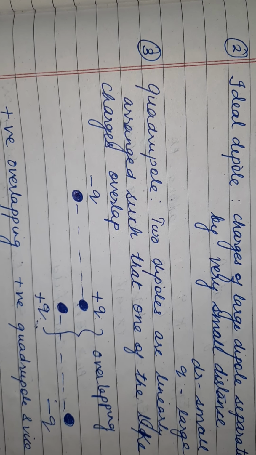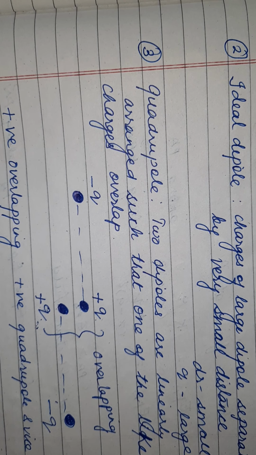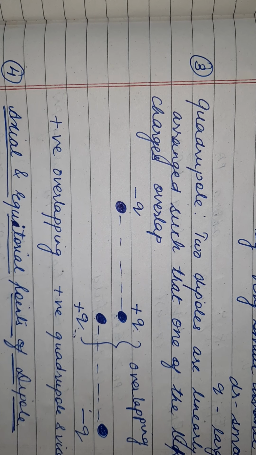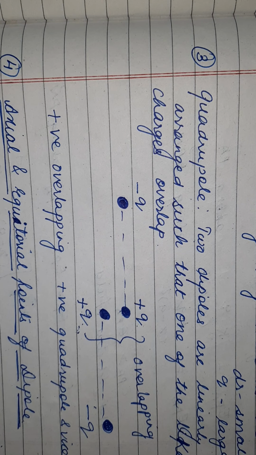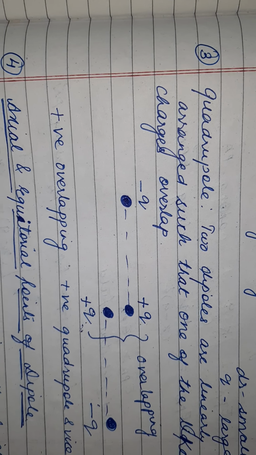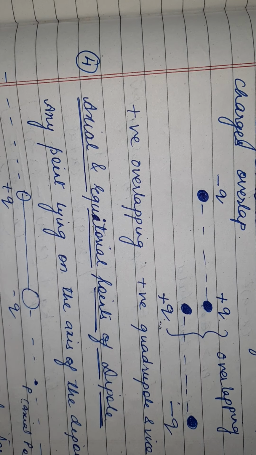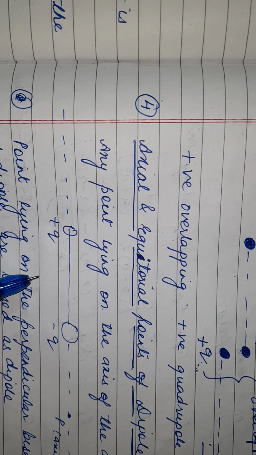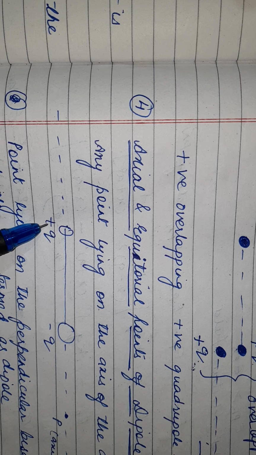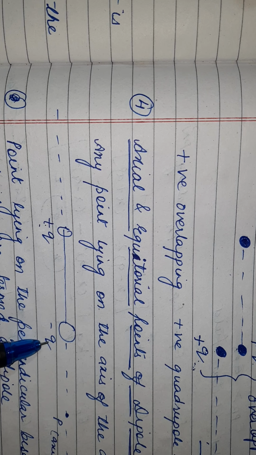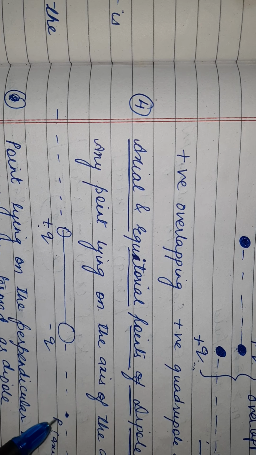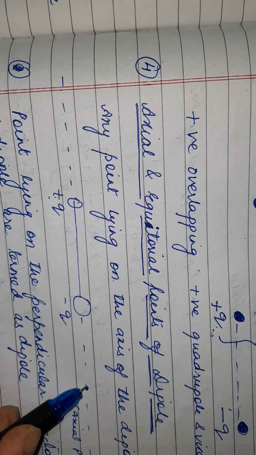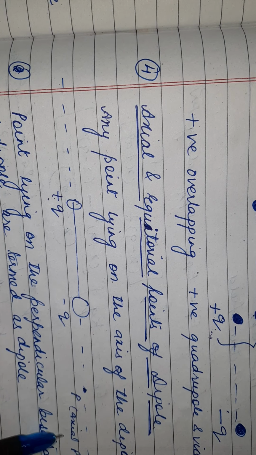Next are the axial points and equatorial points of a dipole. So what is an axial point? Any point lying on the axis of the dipole. Here you can see this is a positive charge, this is a negative charge of the dipole, and this is the axis. So this point P is the axial point.